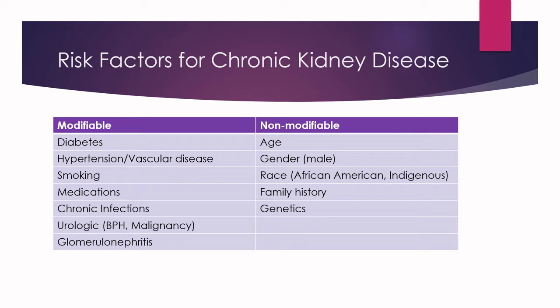Modifiable risk factors include diabetes, hypertension or vascular disease, smoking, medications, chronic infections, urologic diseases such as BPH and malignancy, and glomerulonephritis. Non-modifiable risk factors include age, gender, with males having a higher risk, race with a higher risk in African American and Indigenous populations, family history, and genetics.